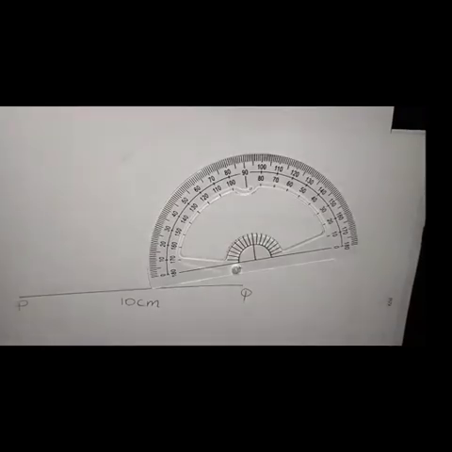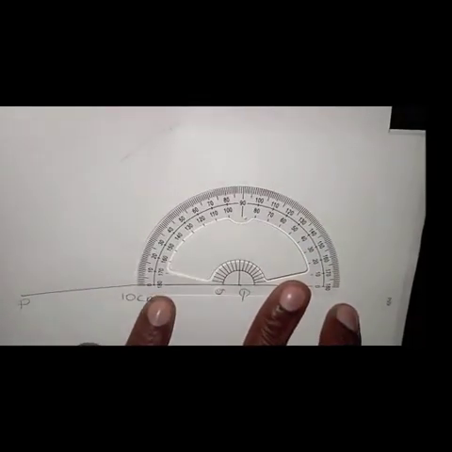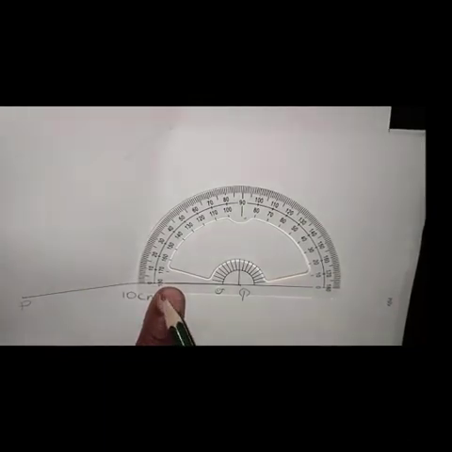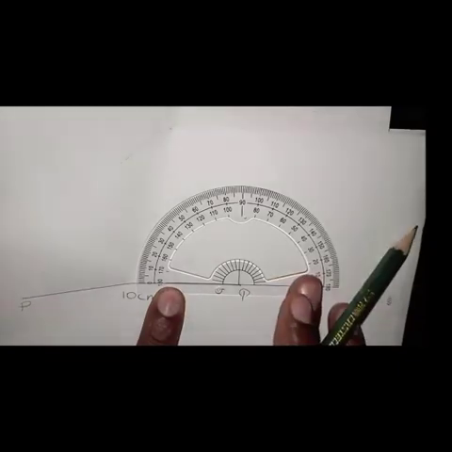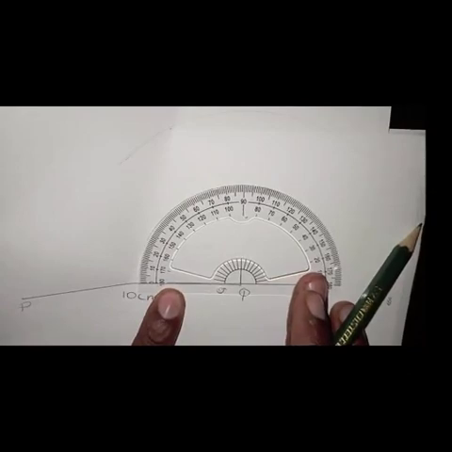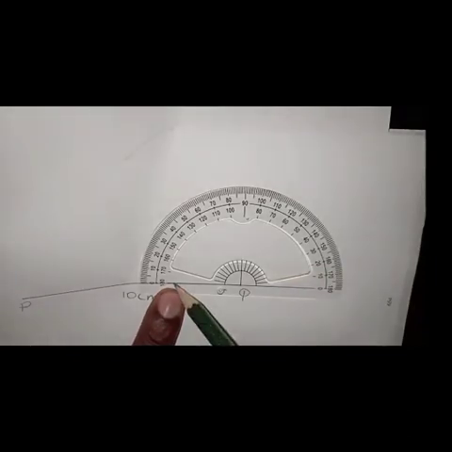So let's see that this line must lie exactly on the line you have drawn with a pencil. See that?